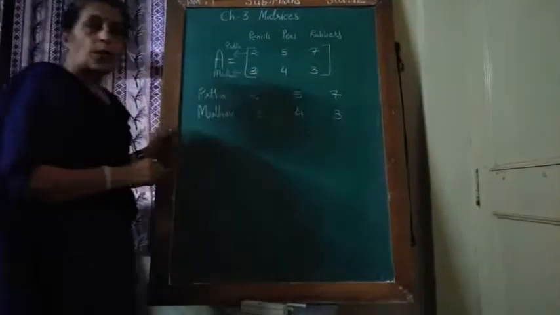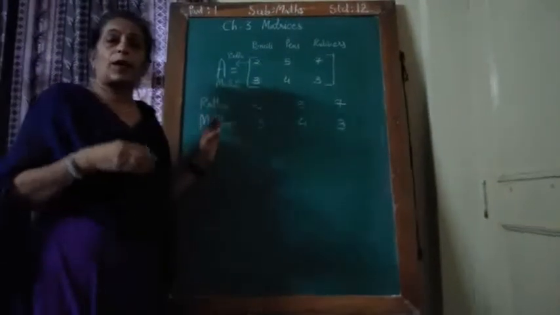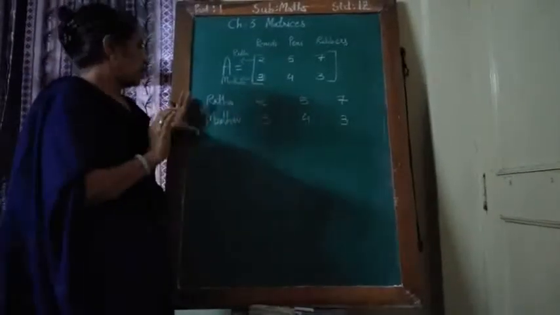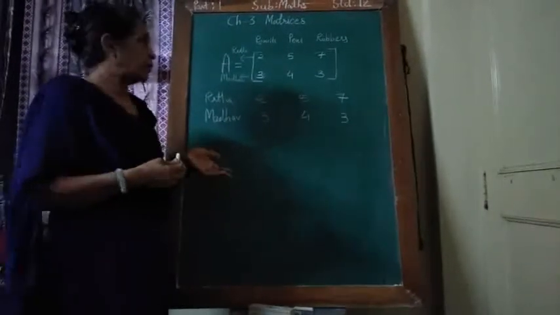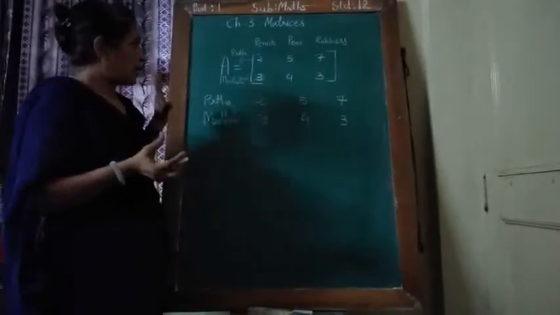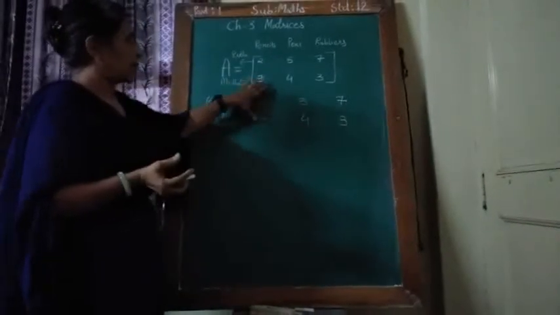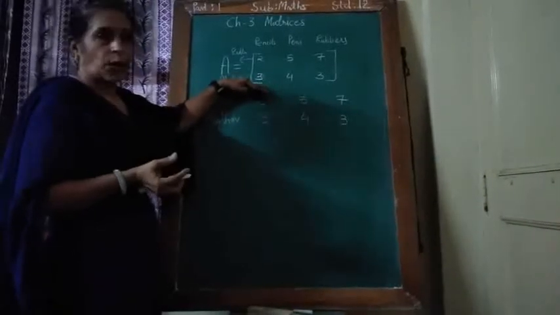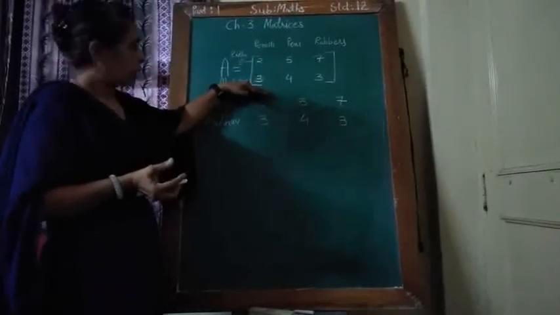In many factories and big industries, it happens that information is represented in abbreviated short form, and that short form can be represented in matrix form. Here I take a small example.